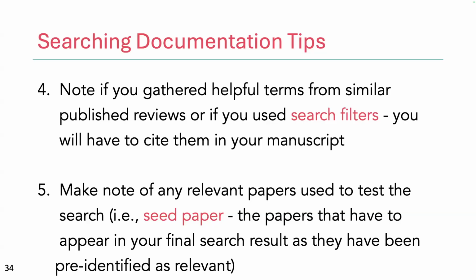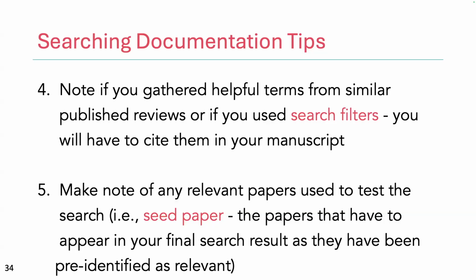For example, children are a well-studied area, and there are very well-developed searches built that you can copy and paste into your search if you are only interested in children. But you want to cite where you got that from.